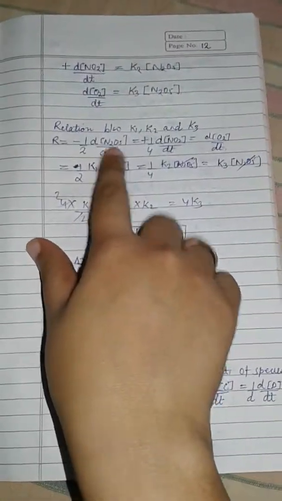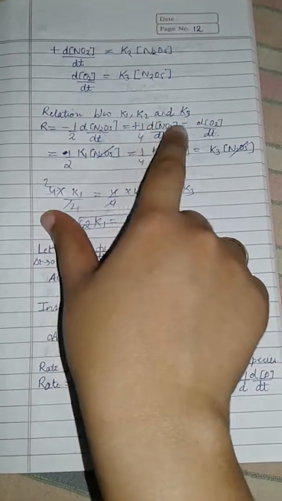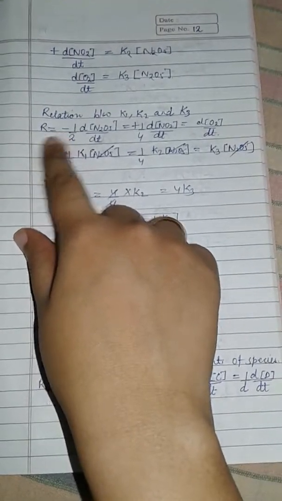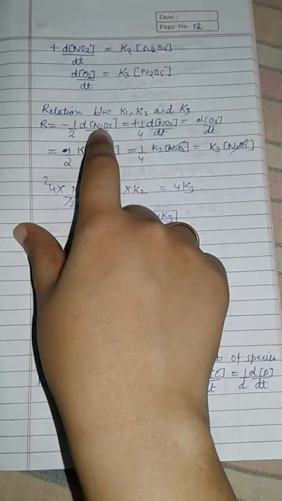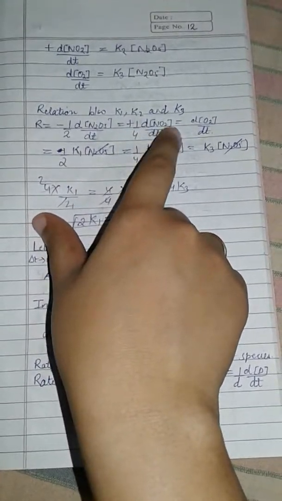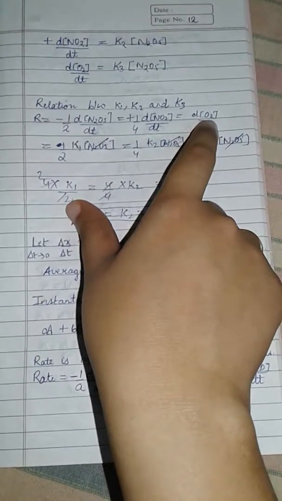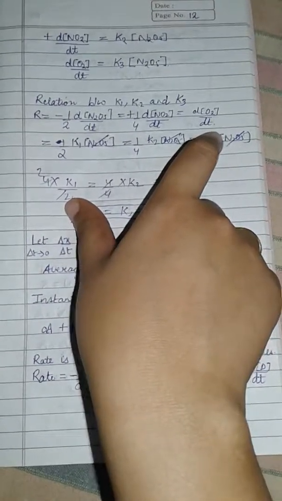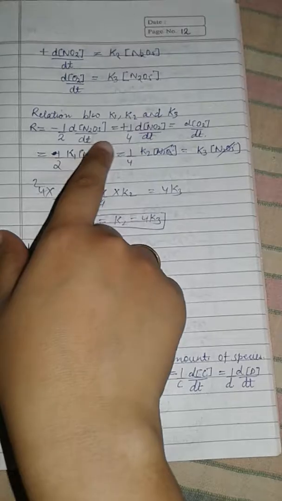The relation between k1, k2 and k3: rate R is equal to minus 1 by 2 d N2O5 upon dt is equal to 1 by 4 d NO2 upon dt is equal to d O2 upon dt.